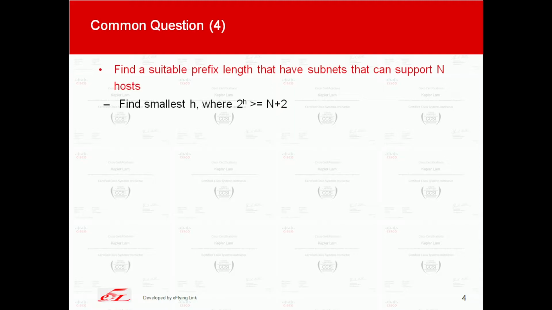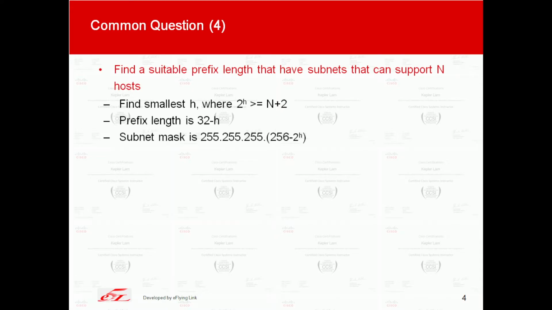Once you get the h, then the prefix length will be 32 minus h. If you need to find out the subnet mask, remember that the last byte of the subnet mask is 256 minus the size, that is 256 minus 2 to the power h.